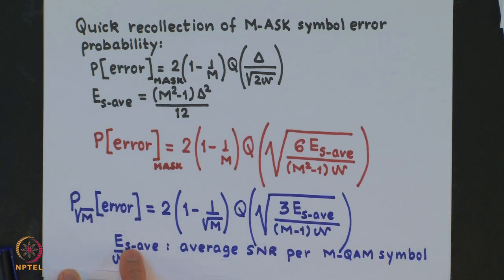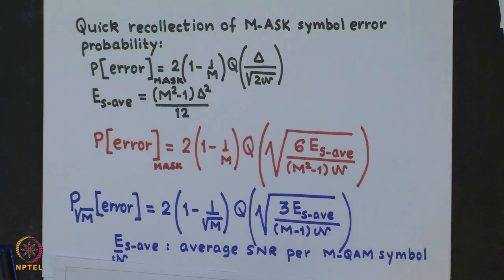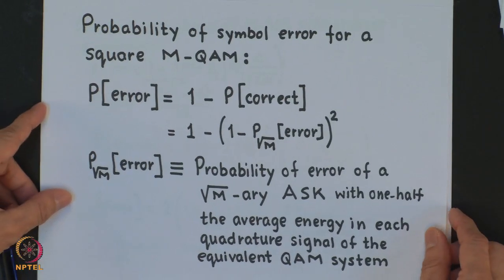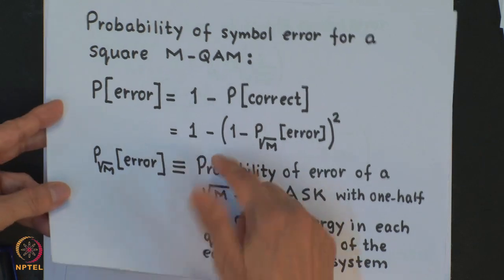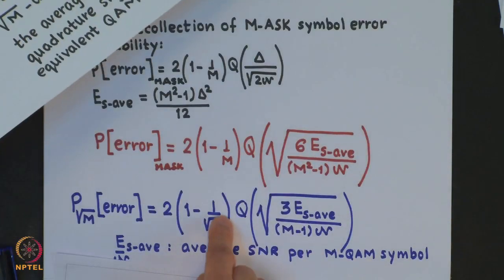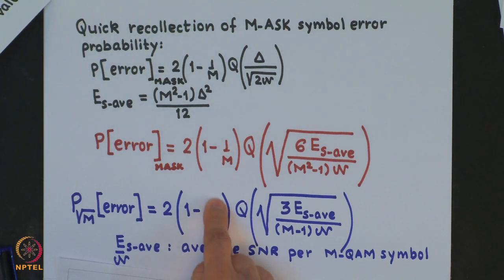Okay. So Es average by root N is the average signal to noise ratio per M-QAM signal. Now, using this relationship, we can find the upper bound. To find the upper bound, what we will do is we will neglect, for large M's, this term.